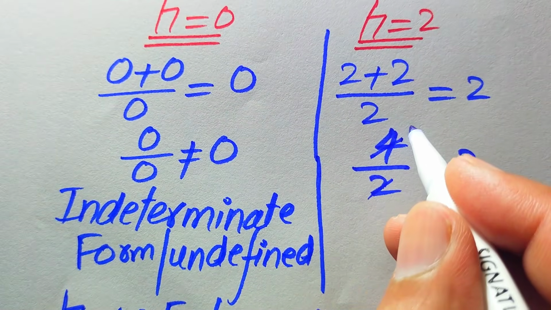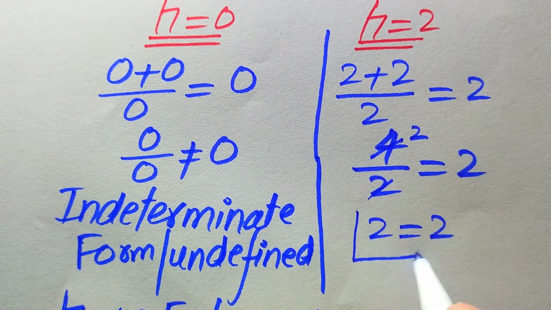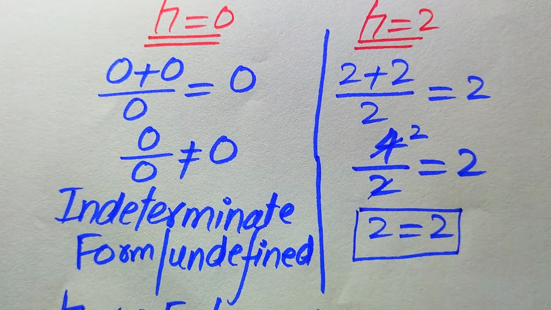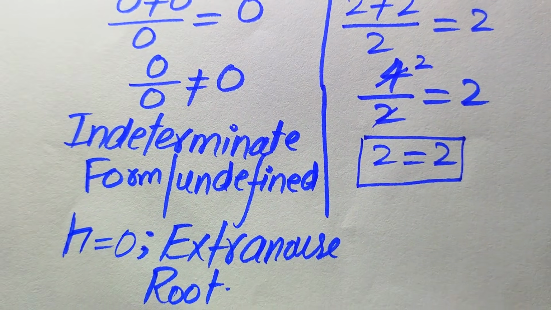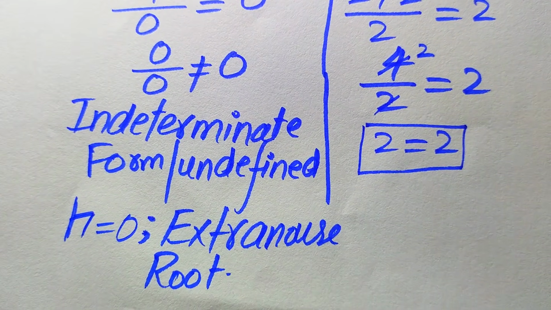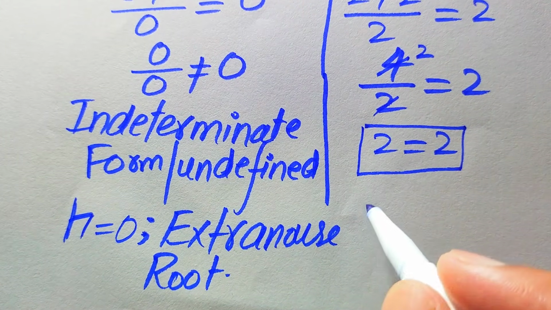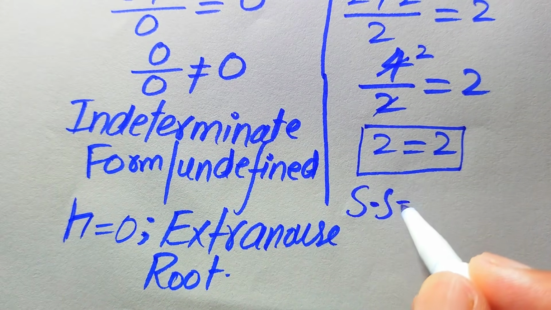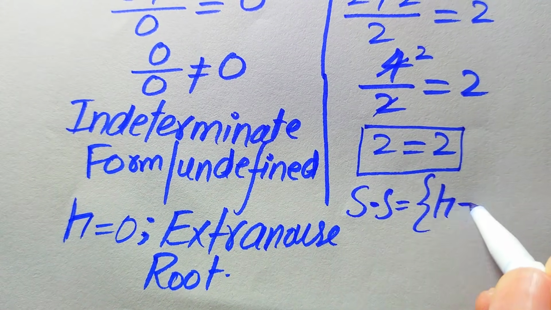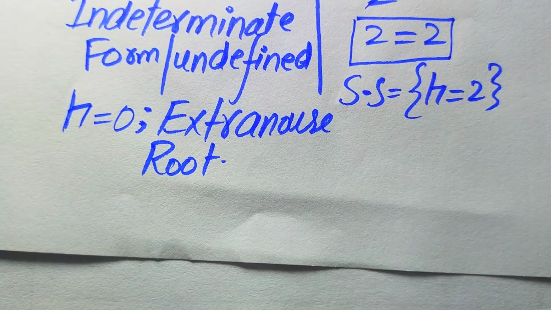These 2 and 2 are gone, and we get 2 is equals to 2. This shows that both of the sides are equal, so the value h is equals to 2 satisfies our given question statement. So we finally conclude that the solution set of the given question is h is equals to 2. This is the only solution we get in this method.